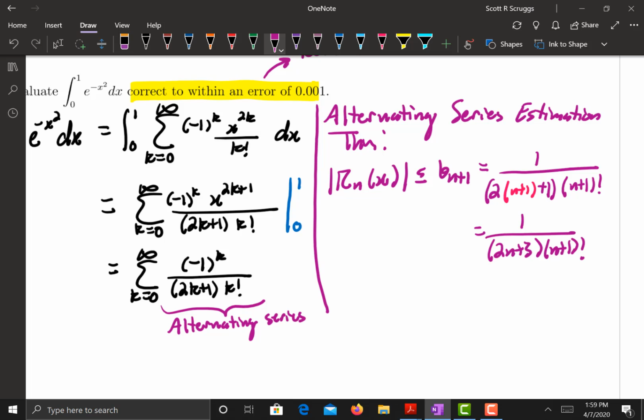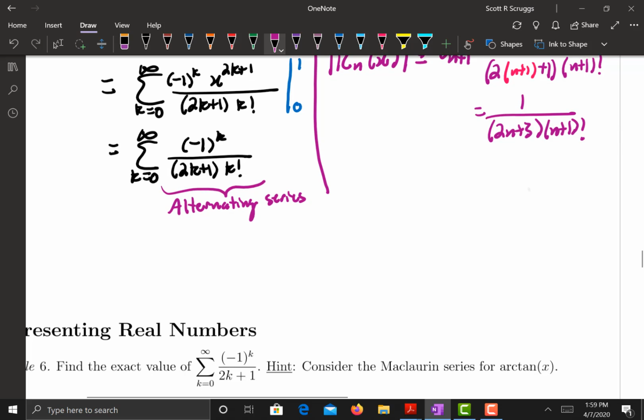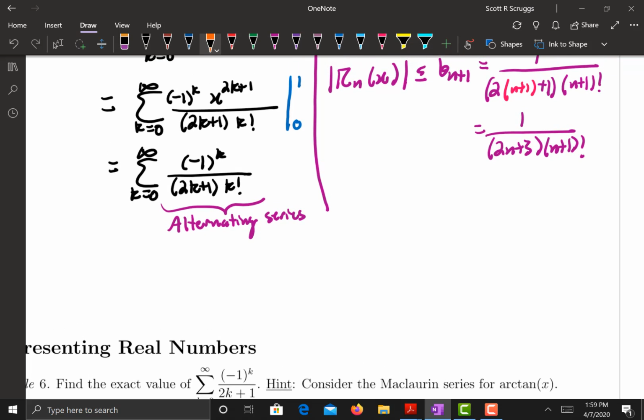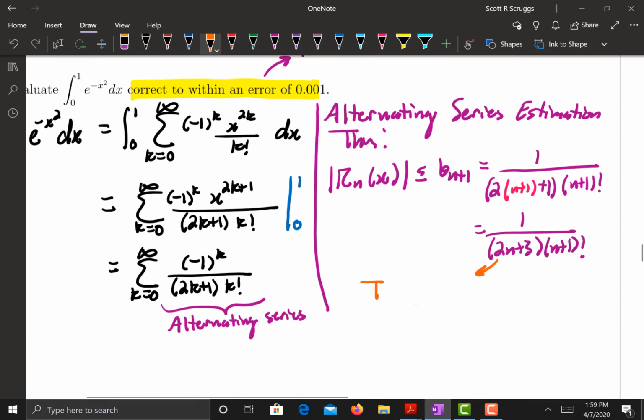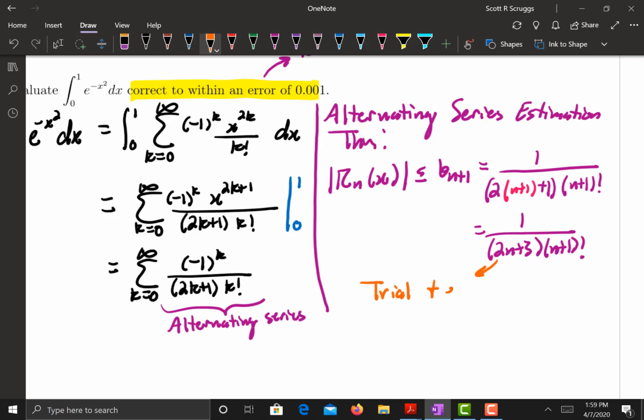So I know what I need to estimate it. And I'm going to tell y'all right now that sadly, based off of that, to give us a bound for 0.001, it's just going to be trial and error.